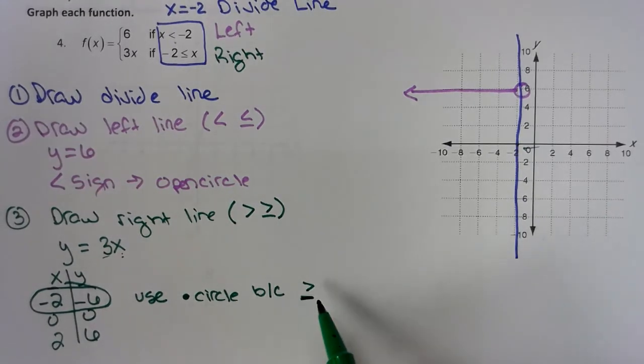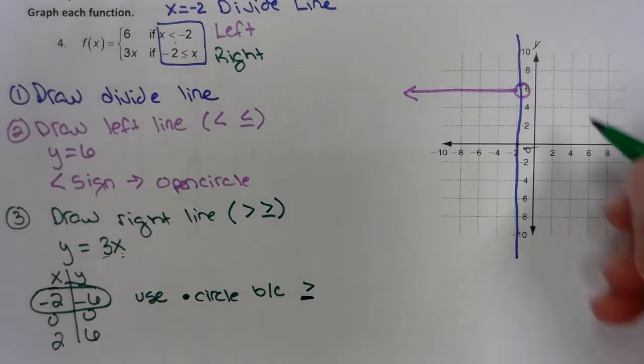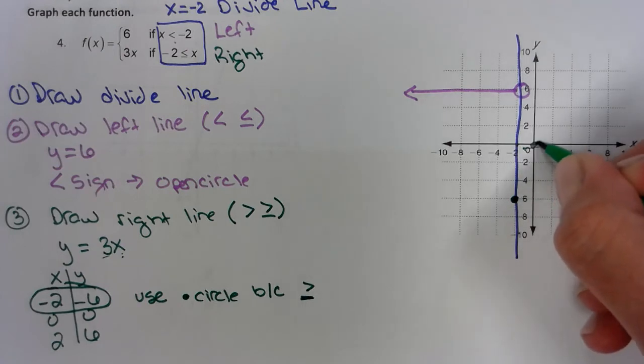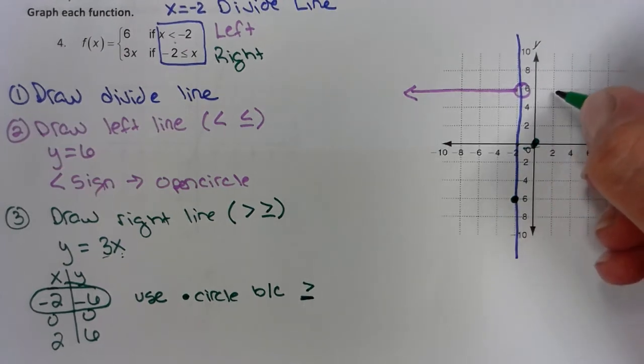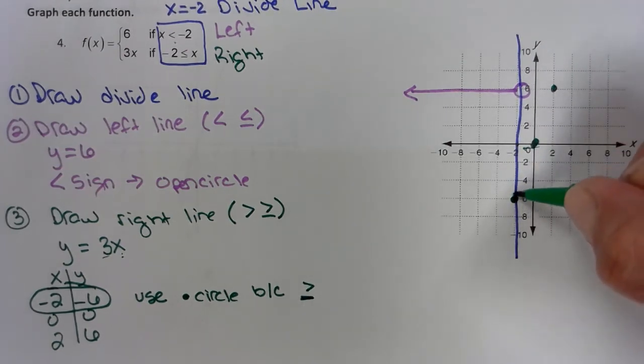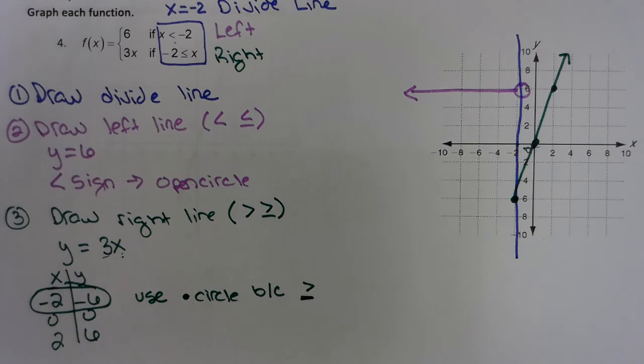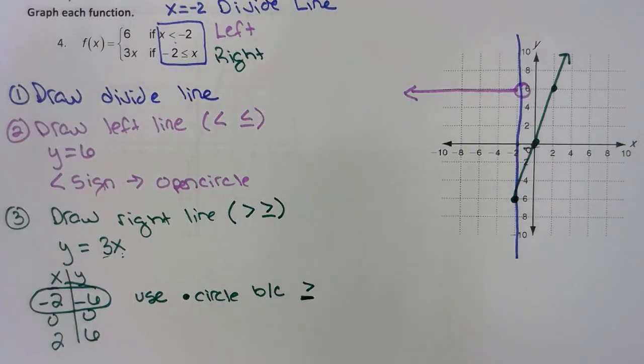And if it's equal to it, then that means that you use a closed circle. So -2, -6, 0, 0, and 2, 6. So that's how you graph a line when you are given the function.